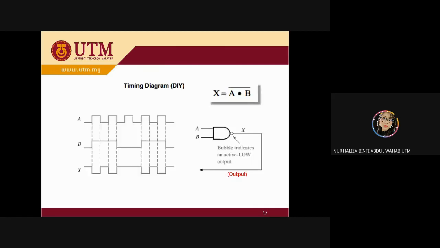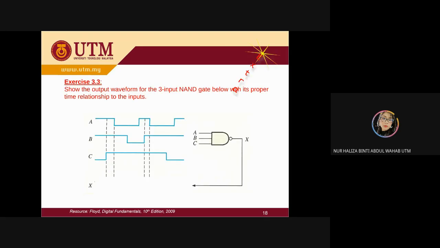And how about your timing diagram? You can see everything is like a toggle from your AND gate. You can try to fill in the values. Okay, now you have three inputs. This is the exercise. Basically, it's very easy.